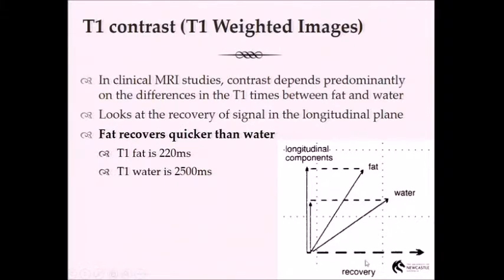So here, if we think about getting that total vector, flipping it into the transverse plane, what this is showing is that the fat is starting to align back to the main magnetic field faster than water.